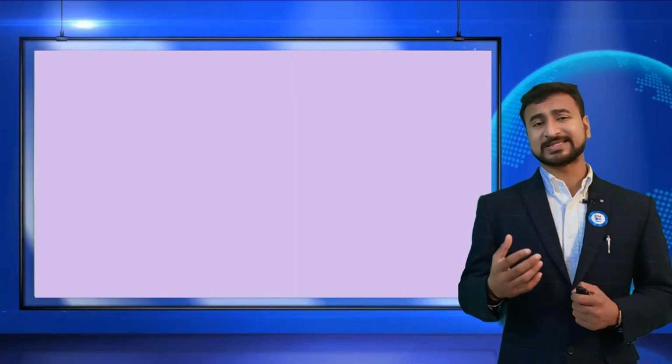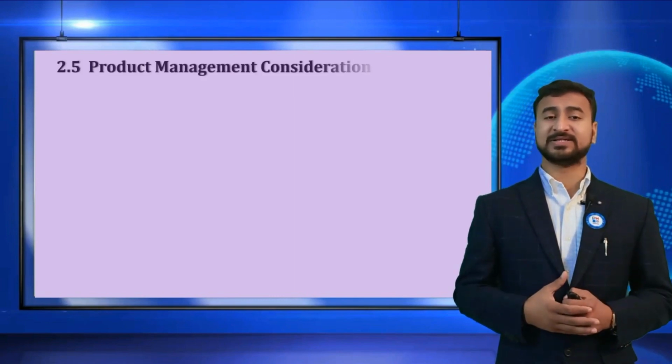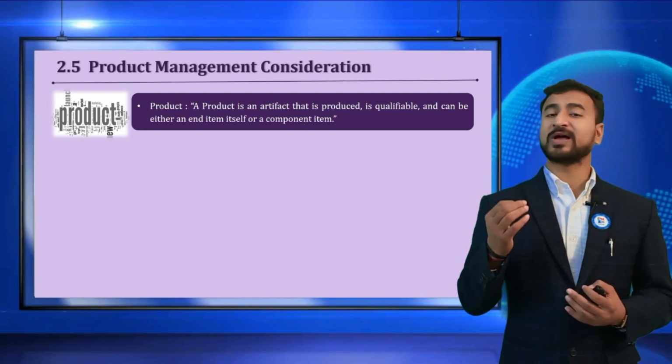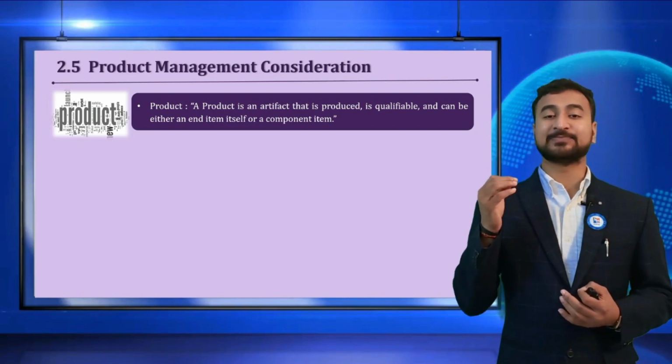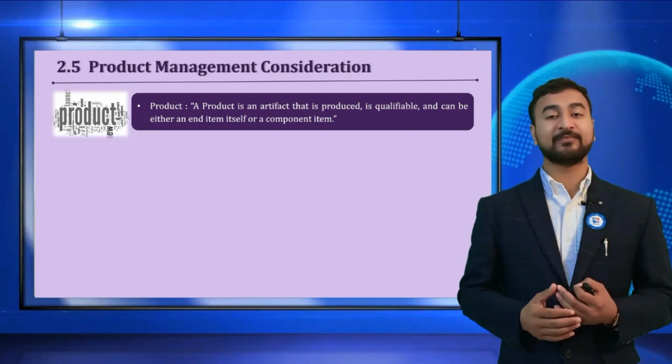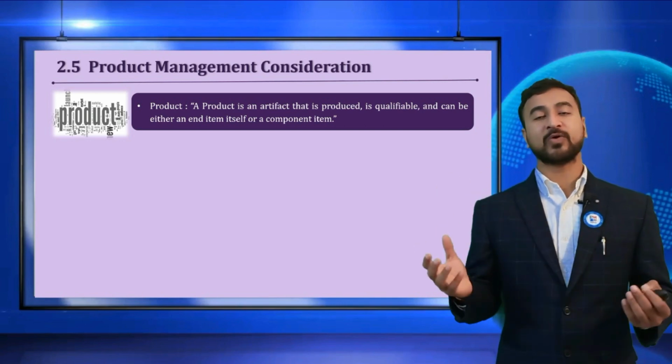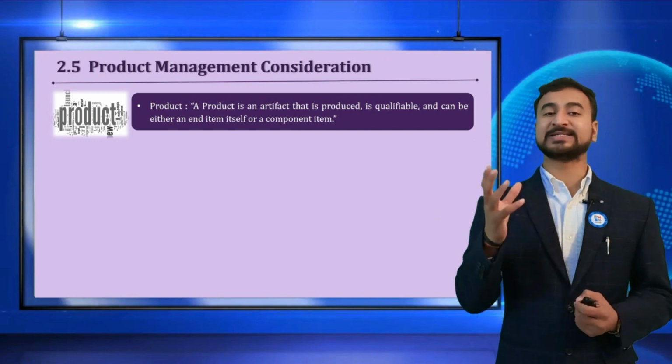So before discussing product management consideration, let's discuss the product. So what is a product? A product is an artifact that is produced, is quantifiable, and can be either an end item itself or a component of a holistic item. So that is the product.